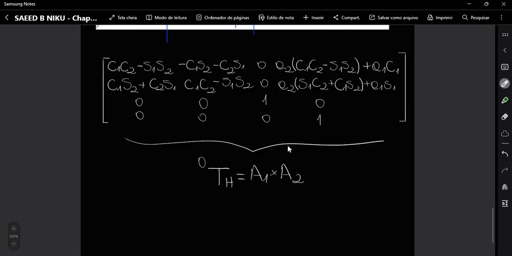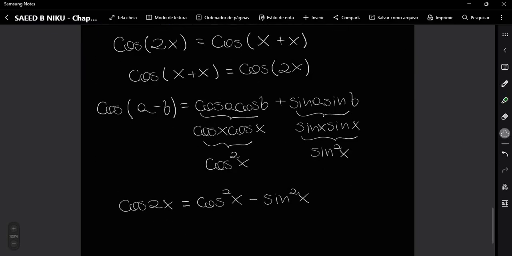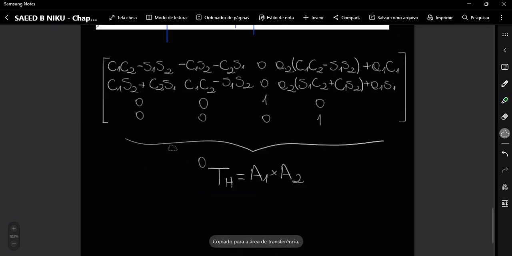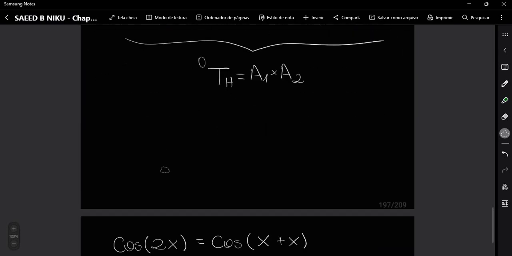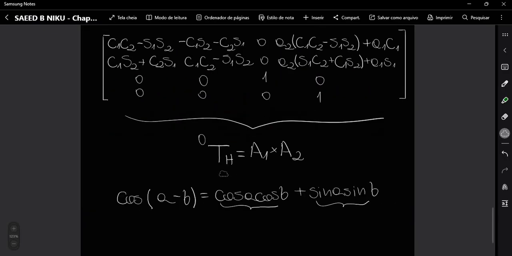And now let's see if we can identify this trigonometric identity on the elements of this matrix. So let me just bring this right here, this part, and I will even put them side by side to compare.